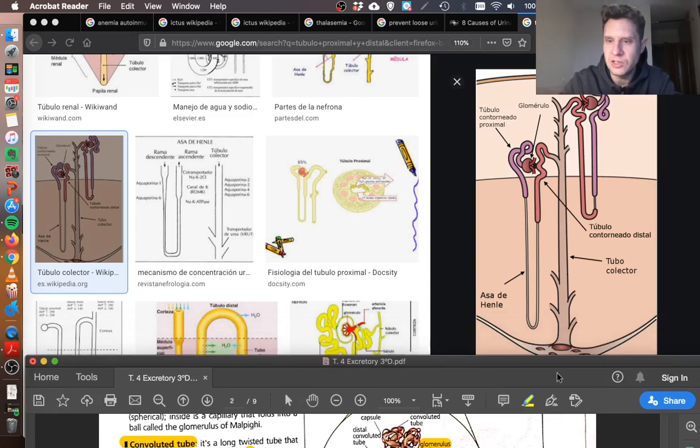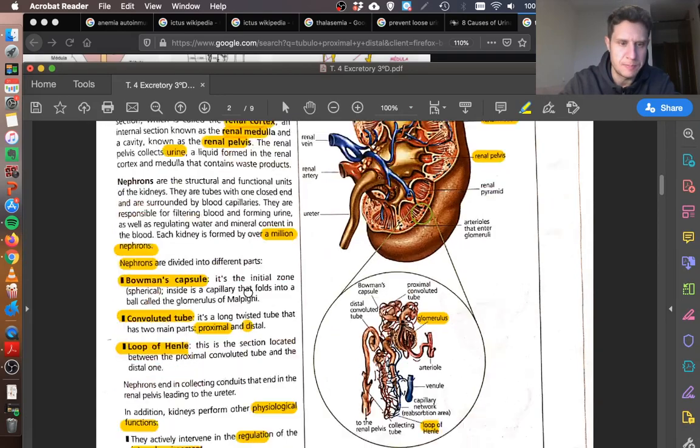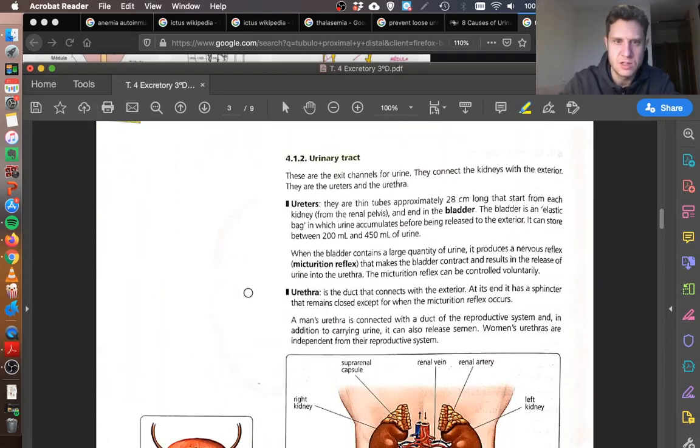And this is the collector tube, shared by other nephrons. So at the end, all the urine is coming to this part, the renal pelvis. And that's it.